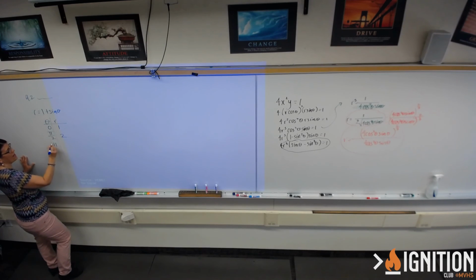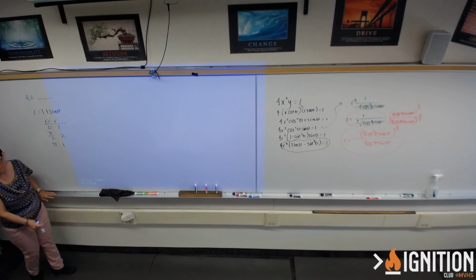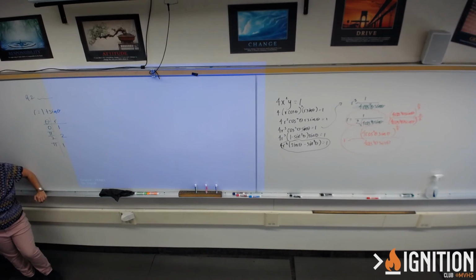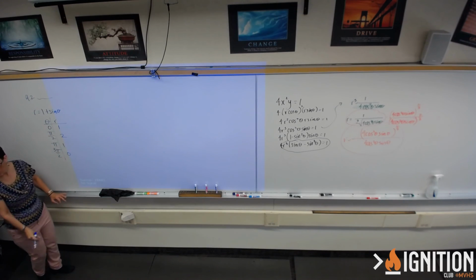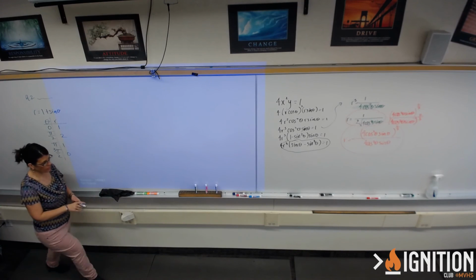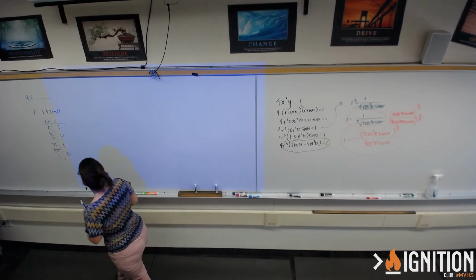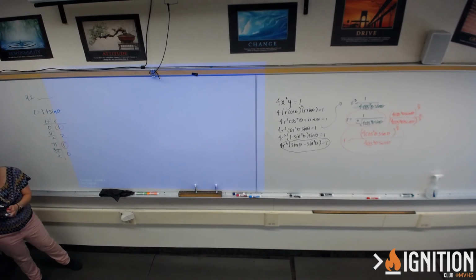Great, let's plug in pi. 3 pi over 2? Okay, so this is a clue to you about what the shape looks like. You have repeated values of r. That's going to help us figure out what the shape looks like.